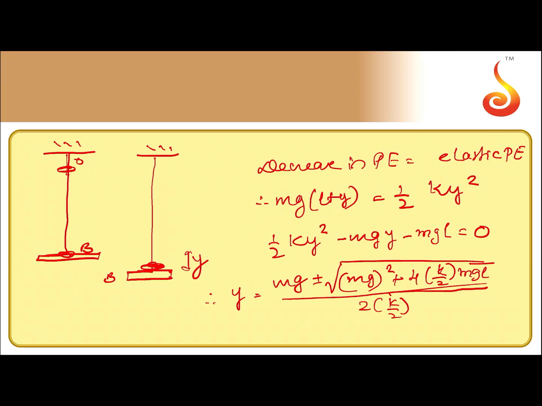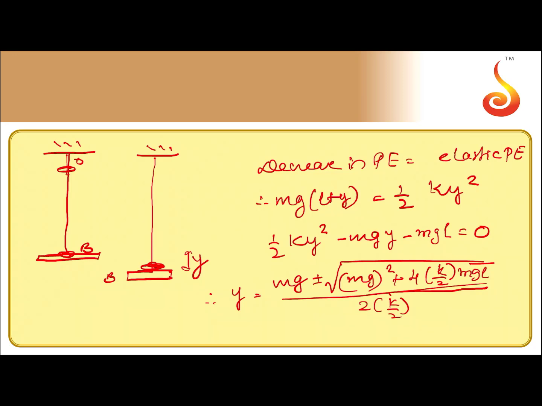That is, minus b plus or minus the square root of b square minus 4ac, divided by 2a. Now, the quantity inside the square root is greater than 1, and therefore the elongation is a positive quantity.